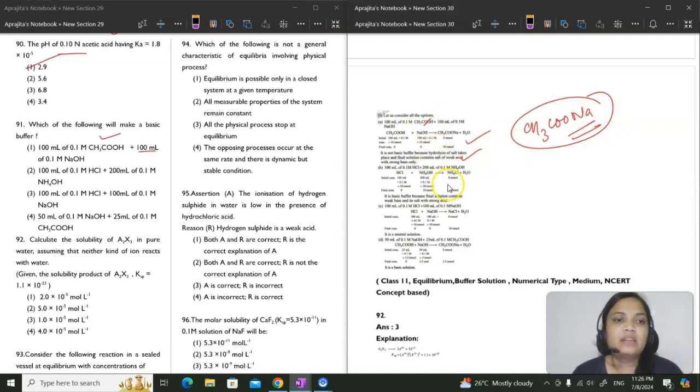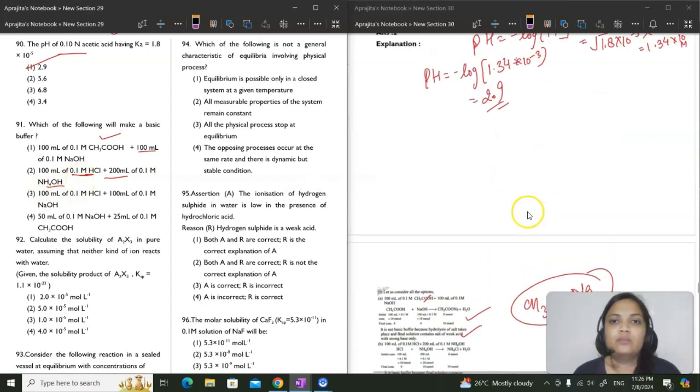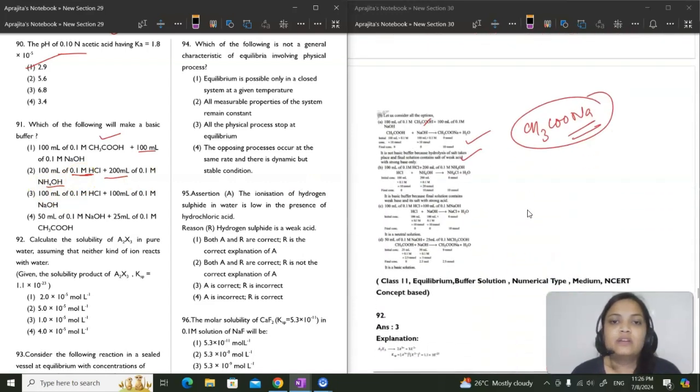Okay, and in the second case we have 100 ml of 0.1 molar HCl and 200 ml of 0.1 molar ammonium hydroxide. So in this case we will be getting a basic buffer, because the final solution will have a weak base and its salt with a strong acid. So it's option number 2.